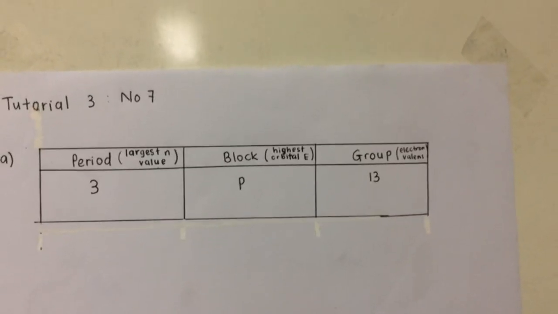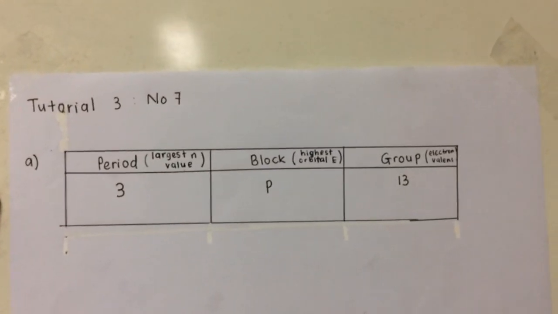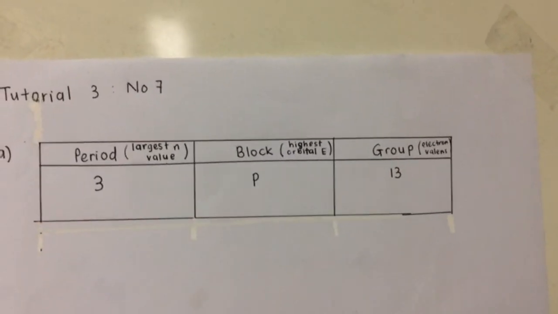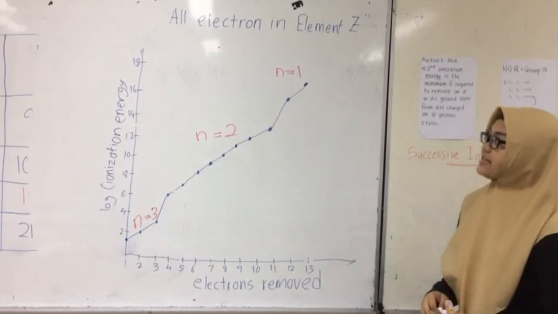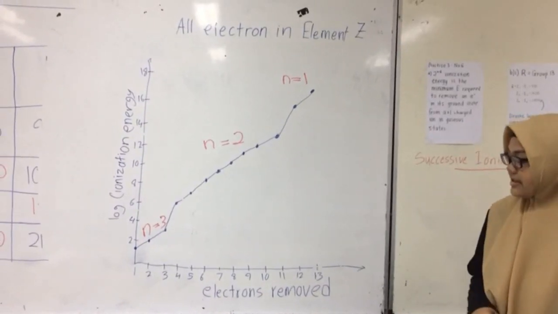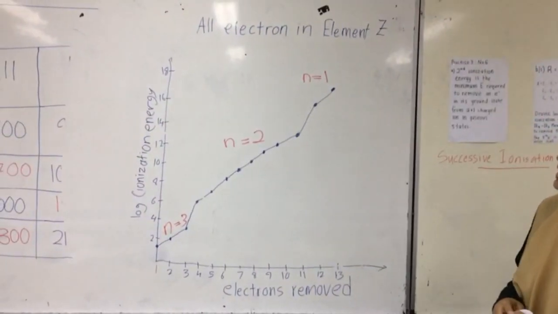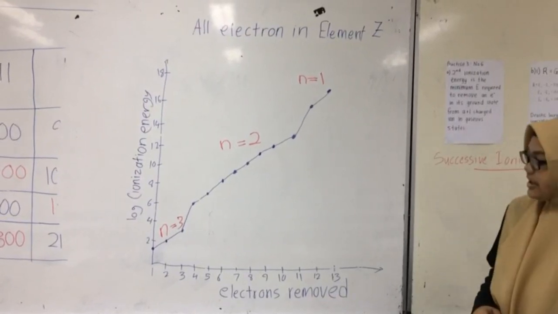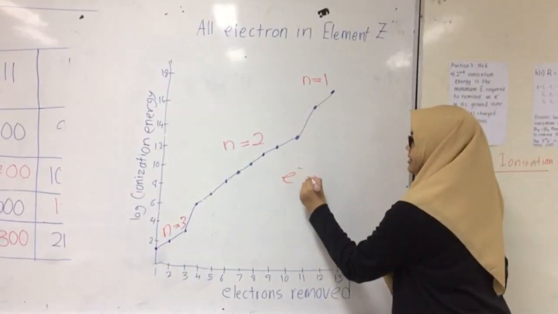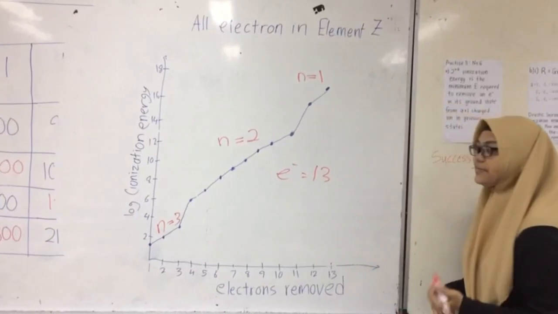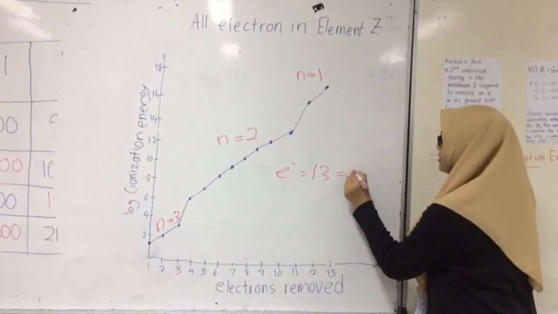Like I said just now, element Z is from period 3 and group 13. From the graph, all electrons in element Z are removed, so we know that element Z has 13 electrons, which means element Z has 13 protons too.